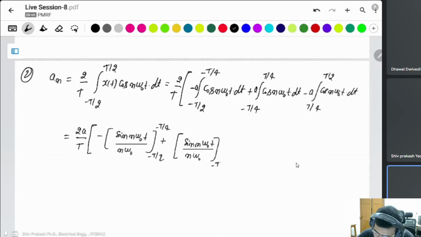Integration of this one will be minus of T by 4 to T by 4. Again negative is there. Cos integration is sin n omega naught t divided by n omega naught, and this will be T by 4 to T by 2.